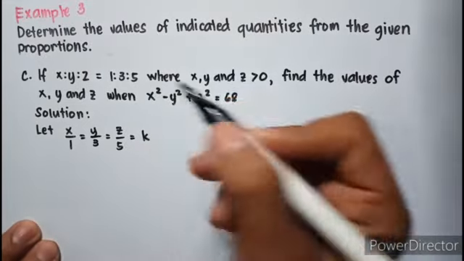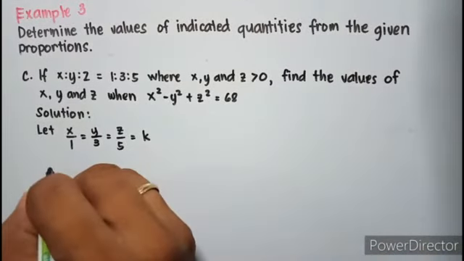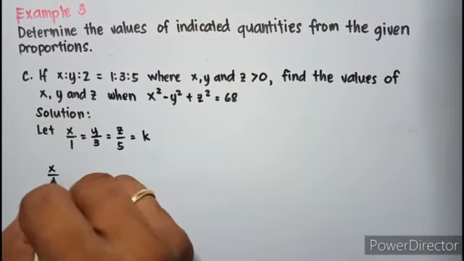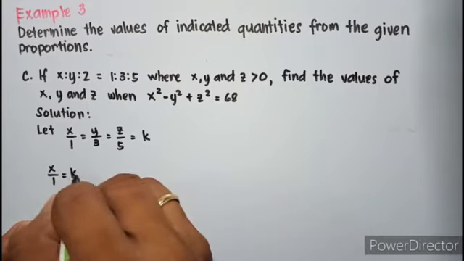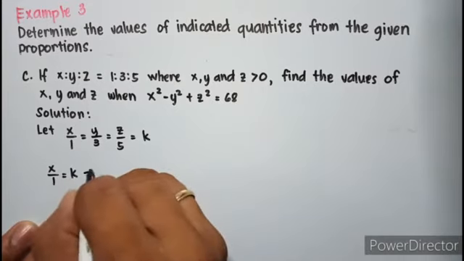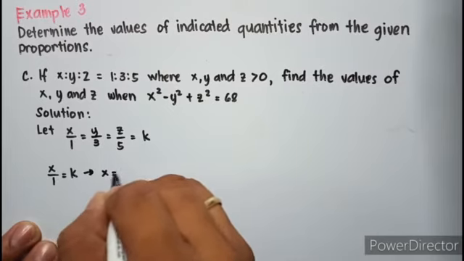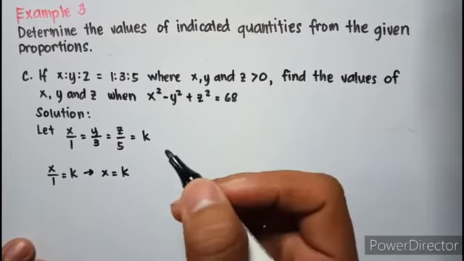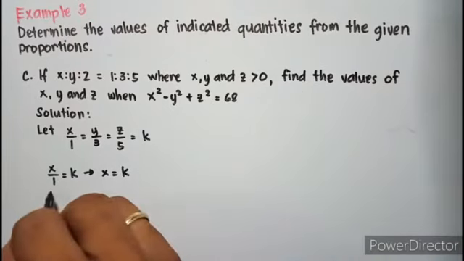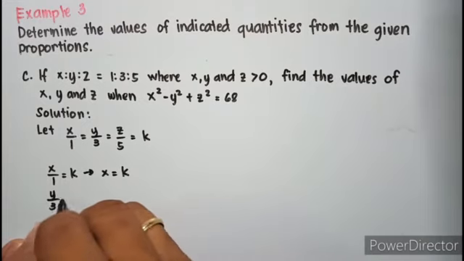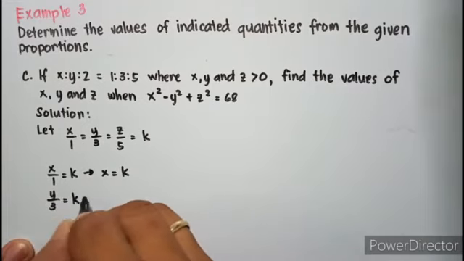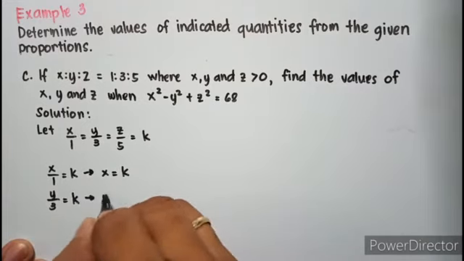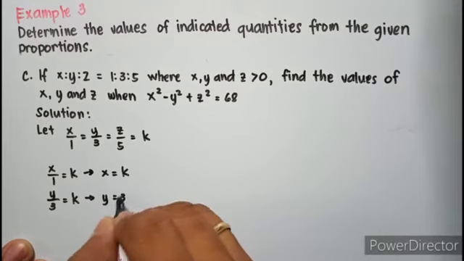So from this, we will have x over 1 is equal to k. So we have x is equal to k. Then y over 3 is equal to k. So then y is equal to 3k.